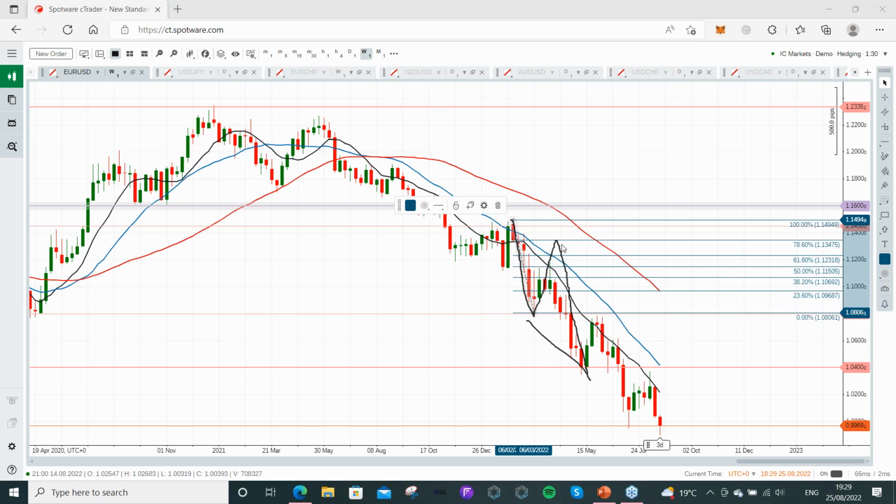And what is more likely to happen if price pulls back to the 78.6% level is another move down, but then a higher low forming that could potentially lead to either a range or a change in trend. So really the 61.8% level is the furthest level that trend traders tend to use as a retracement level for trading.